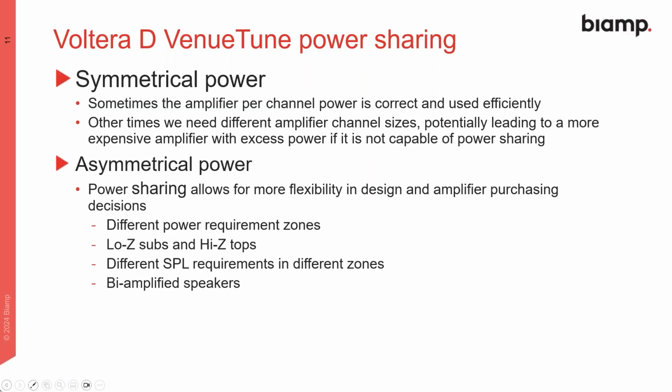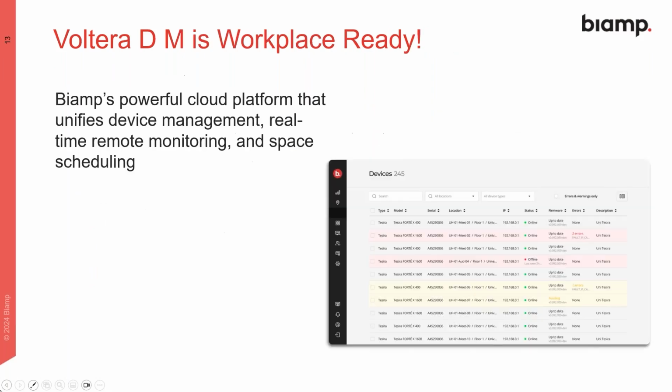Why waste 400 watts of power when you're not going to need it? But just as an example, though. So this is one of the real advantages of being able to share power across different channels. But in the end, the sum of the power sharing cannot exceed the chassis power available out of that particular model amplifier.